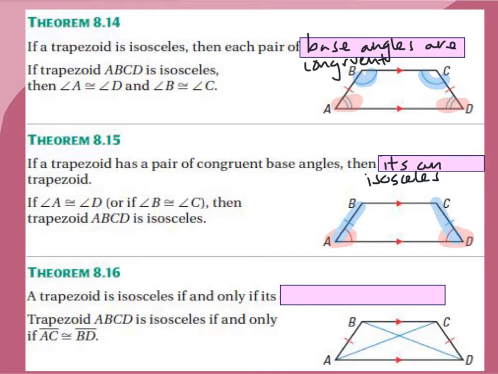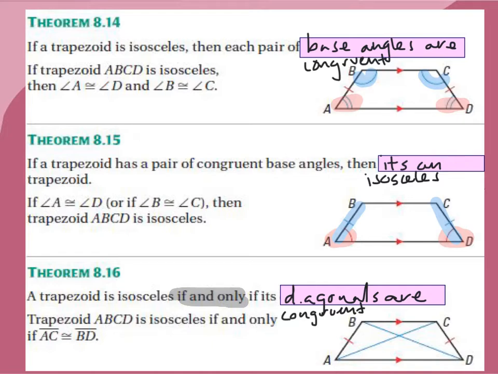And our last theorem states a trapezoid is isosceles if and only if its diagonals are congruent. So remember, if and only if means that this is a biconditional statement, so the same thing works in reverse.